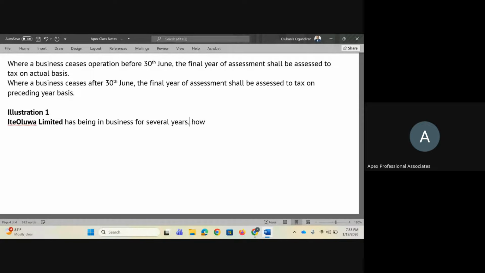However, due to the harsh business environment or the weak business environment, the company ceased operations.